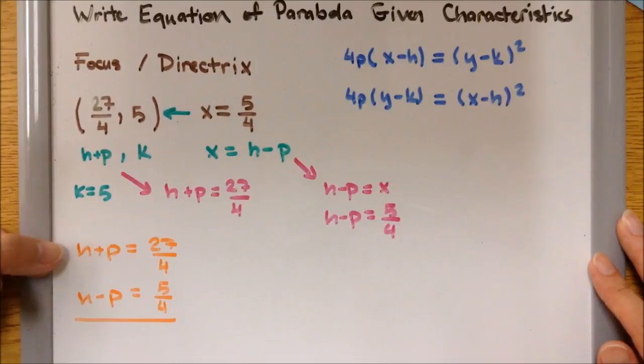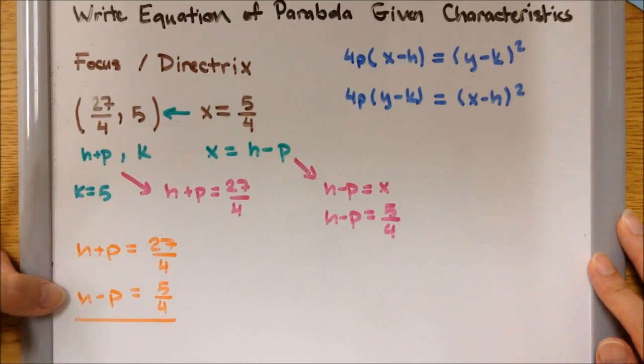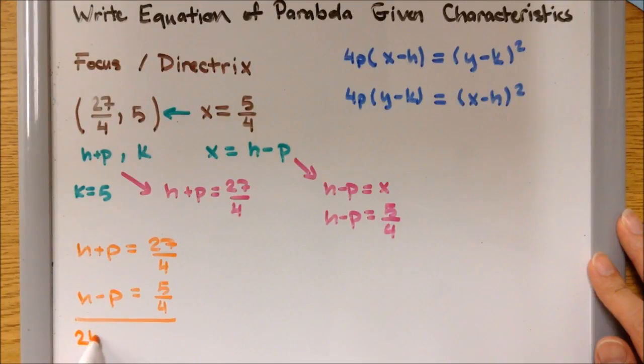I'm going to combine the h, so h plus h, because it's positive, this will be 2h equal to 27/4. Since it's a positive, I'm going to add 5/4. So it's going to be 2h equal to 27/4 plus 5/4. That's going to be 32/4.